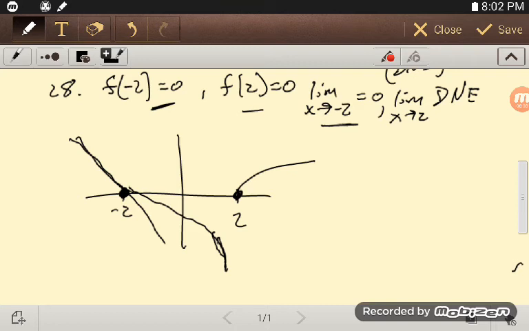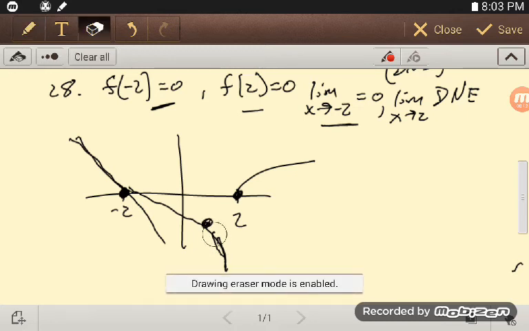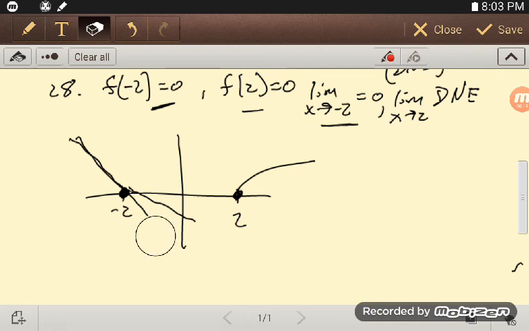I could have had it come in here and done an open circle at the 2. I could have had it just stop here, oops, need a smaller eraser, I guess.